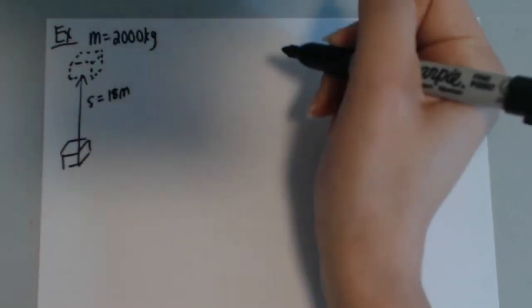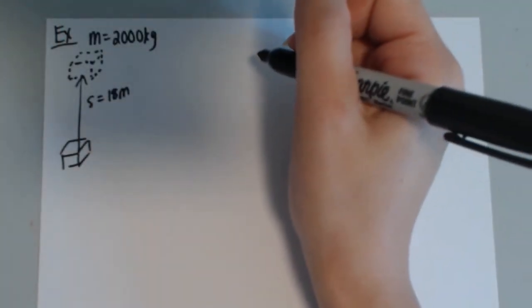So mass is 2,000 kilograms, 18 meters above the original resting place. So you have some kind of a crate and it's being lifted 18 meters. So at some point it's going to be over here.